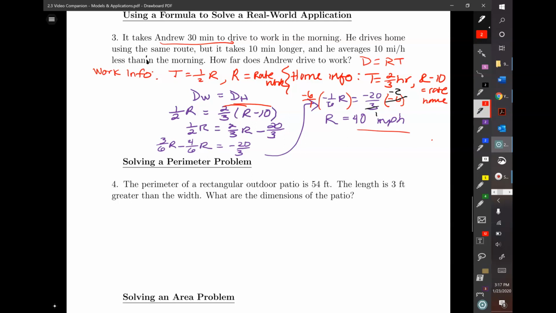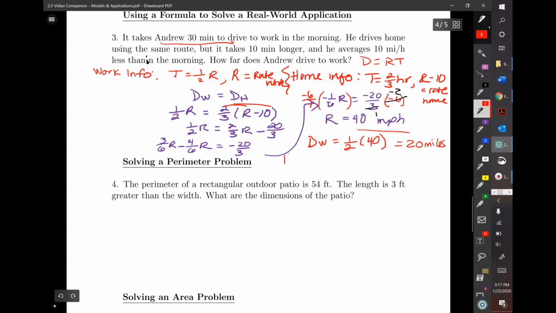as a half of 40. So the distance to work is a half times 40, which would give me 20. The half is in hours, the 40 is in miles per hour, so the hours cancel out. Then we would have 20 miles.